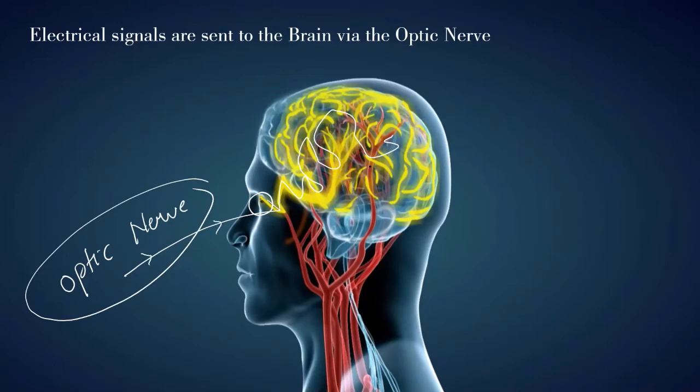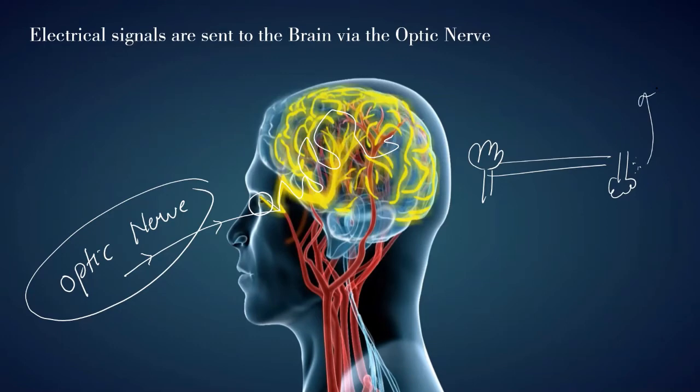Now, if you have been going through this lecture properly, a question would have arisen in your mind: if a real and inverted image is formed on the retina, then when these cells get activated and it goes to the brain, the brain interprets it.